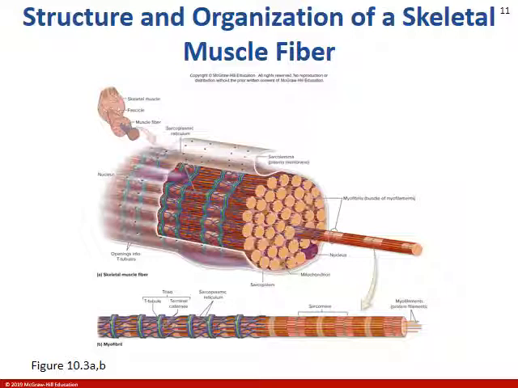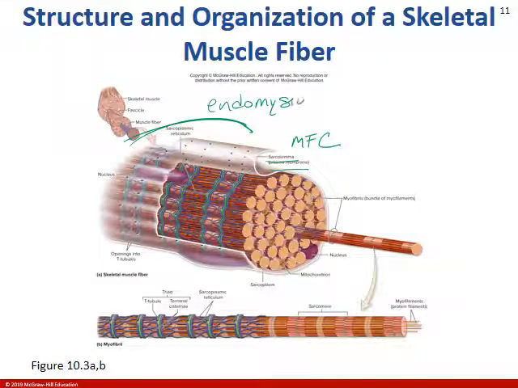So here we have the muscle fiber cell. On the outside it has a plasma membrane, sarcolemma. What would be on top of the sarcolemma? Endomysium. Inside a muscle fiber cell, we have bundles of myofilaments, which are proteins.